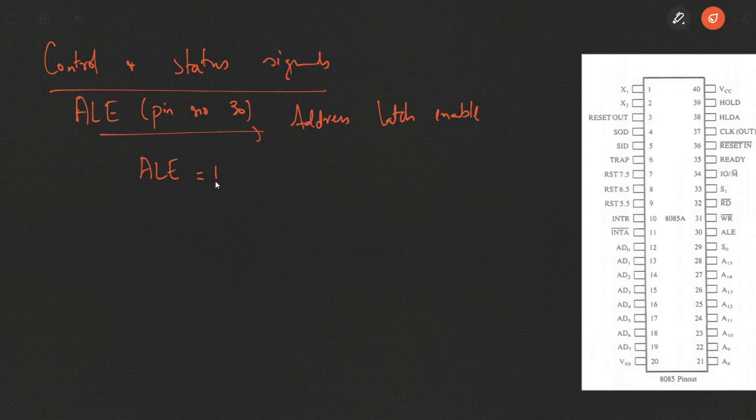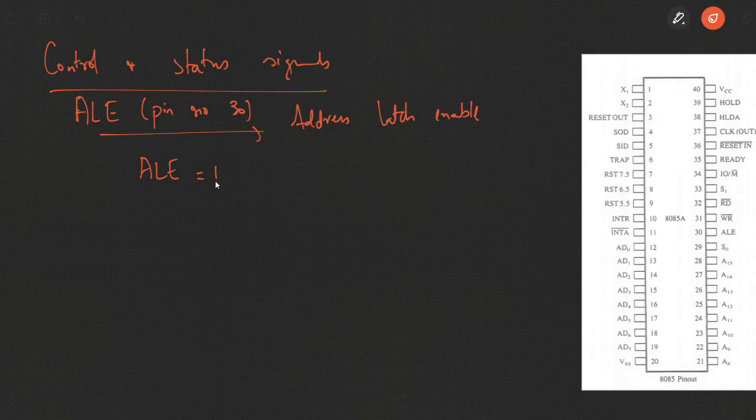ALE will be checked, and it will fetch the address from the address buses, that's pins 12 to 19, the least significant bits of the address, and after that it will fetch the most significant bits of the address. This will be done every time, because the microprocessor has to see from which address the execution of the program will begin.